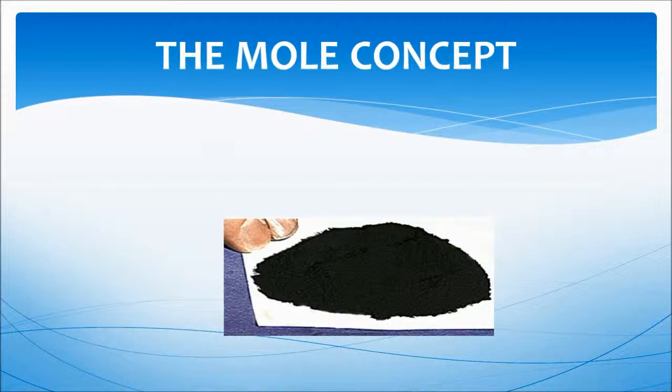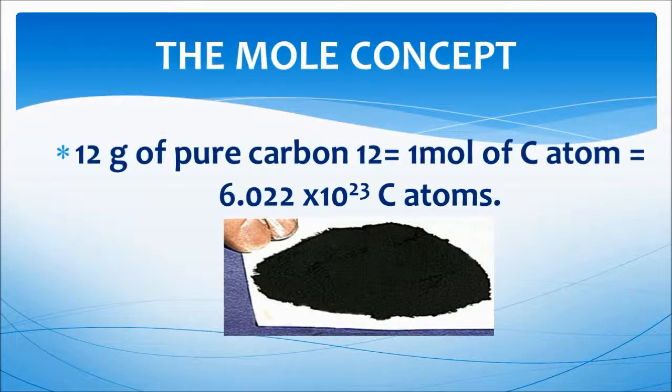A mole is also equal to 12 grams of pure carbon-12 isotope. So 12 grams of pure carbon-12 is equal to 1 mole of carbon atoms, which is also equal to 6.022 times 10 to the 23 carbon atoms.